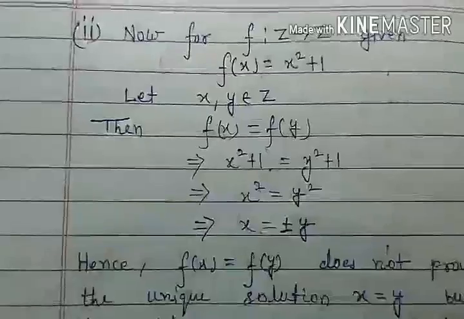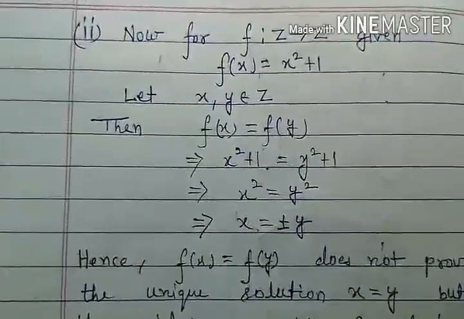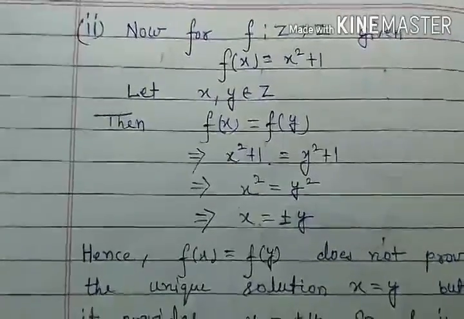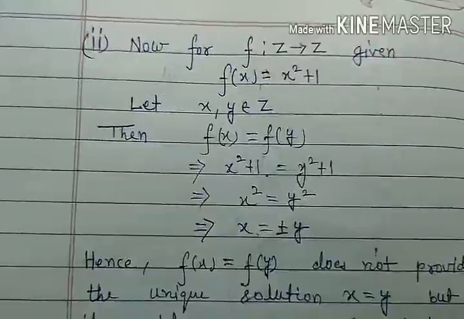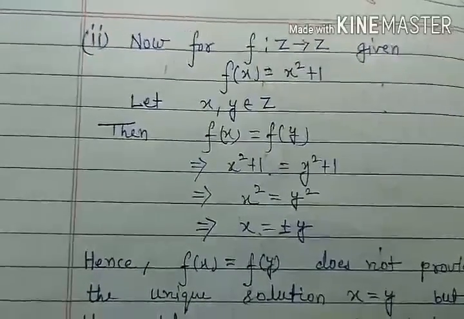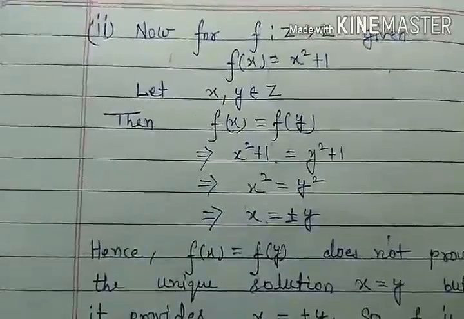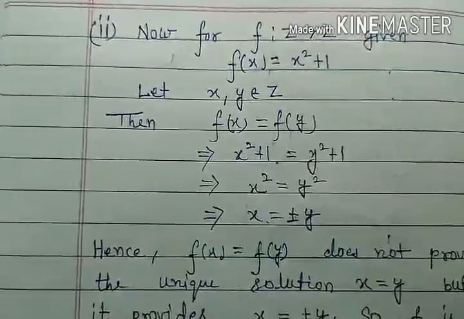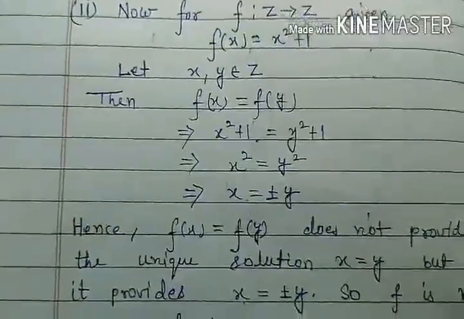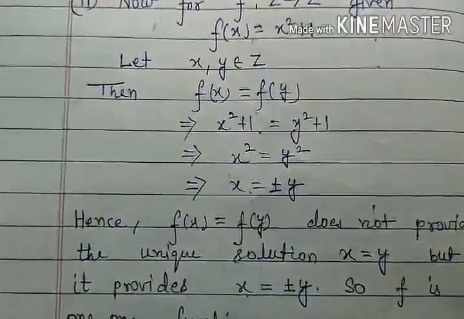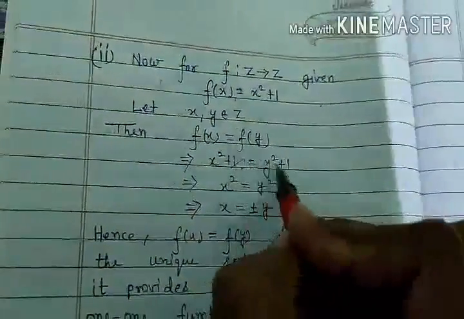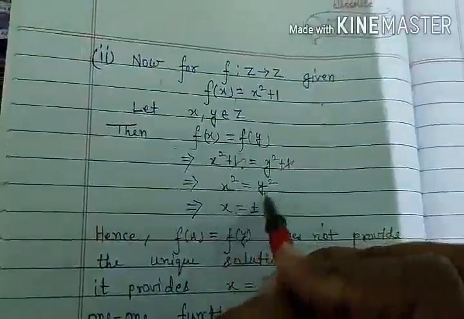Now for the second part, f from Z to Z given by f(x) equals x square plus 1. x, y belong to Z, which means x and y are two integers. So f(x) equals f(y) gives x square plus 1 equals y square plus 1. We can cancel the 1, and x square equals y square.